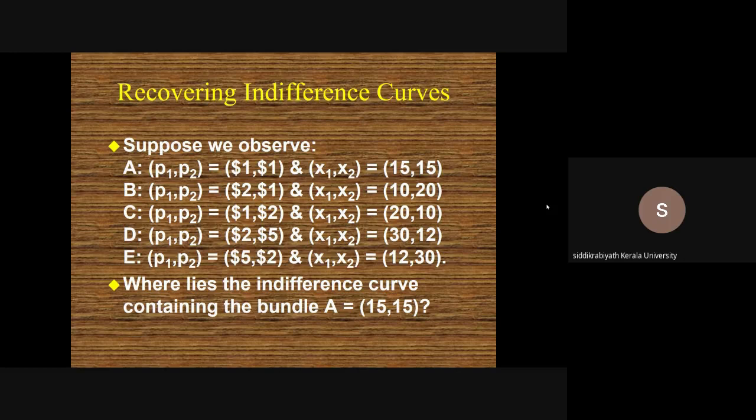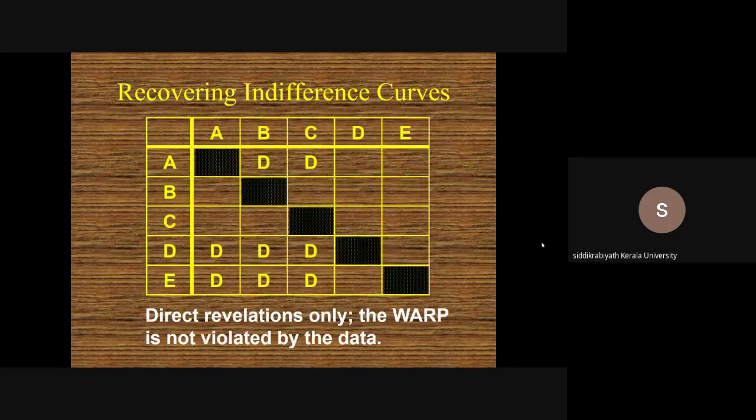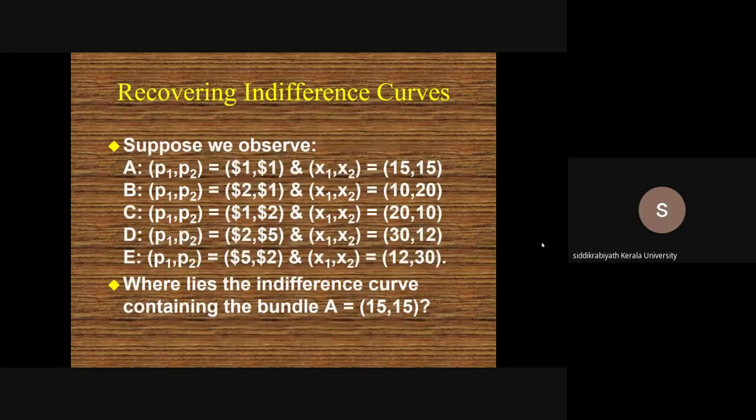So where lies the indifference curve containing the bundle A, which is equal to 15, 15? So let us go to this particular question. So the table showing direct preference revelation is this. Now, you have this combination of P1, P2 with respect to price, as well as X1 and X2 with respect to quantity, or the utility or your benefit out of it.